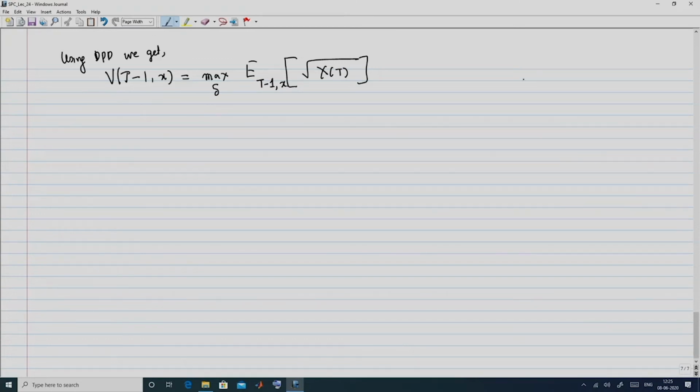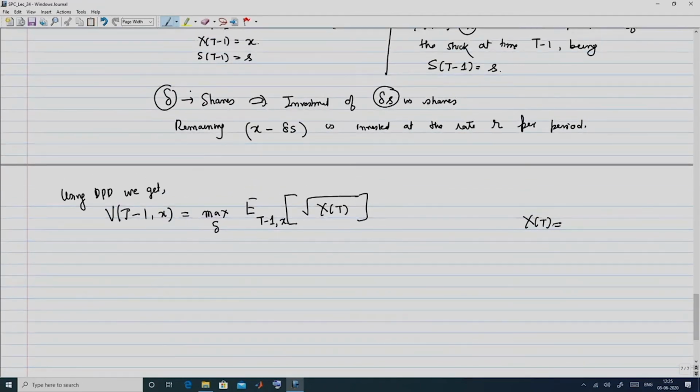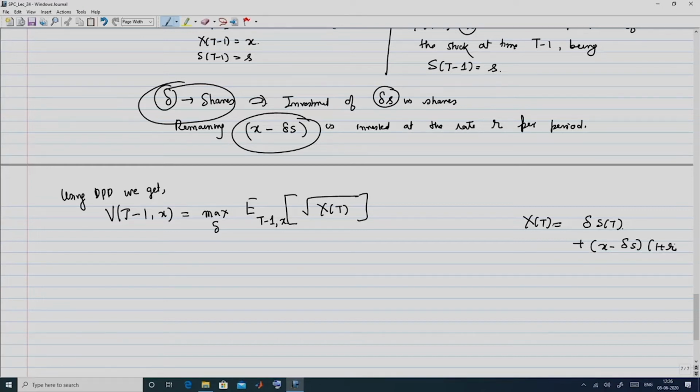Now, remember that you had invested in delta number of stocks. So, this value at time t will become delta into s of capital T, and you had invested x minus delta s in the bond. So, starting from time t minus 1, this will at time t become x minus delta s into 1 plus r.